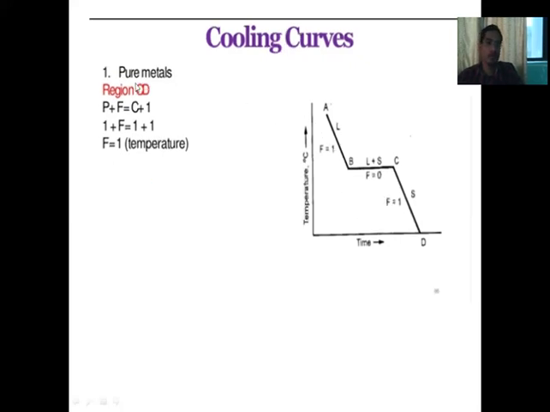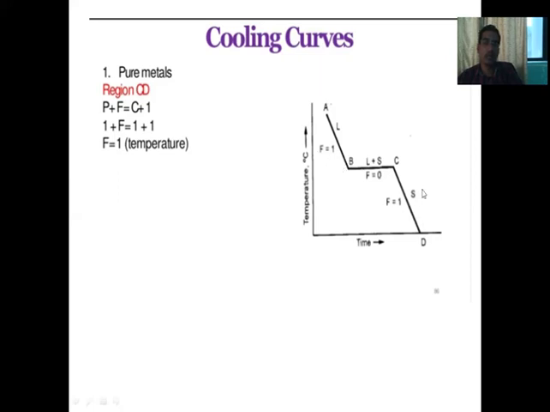Now for region C to D, the number of phases is again only one, only the solid phase. So P is equal to 1. Then we calculate F. Here F is equal to 1, meaning only one parameter is going to change.